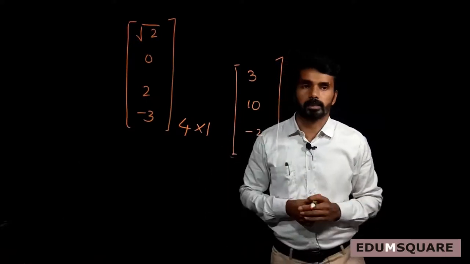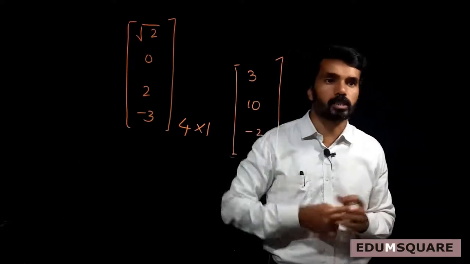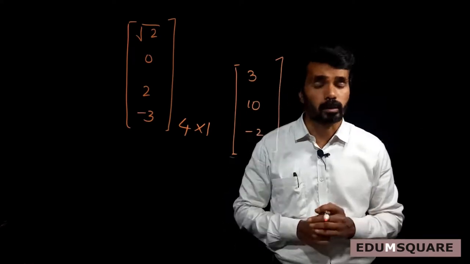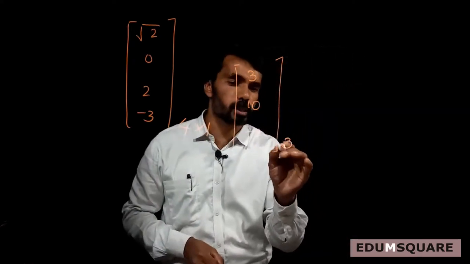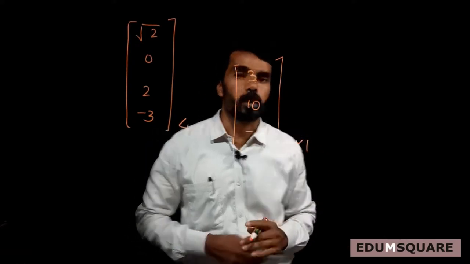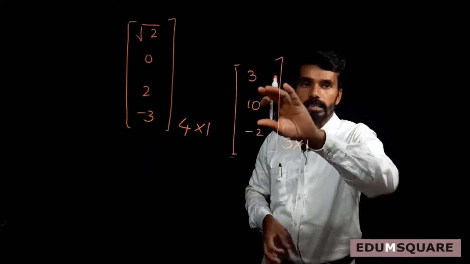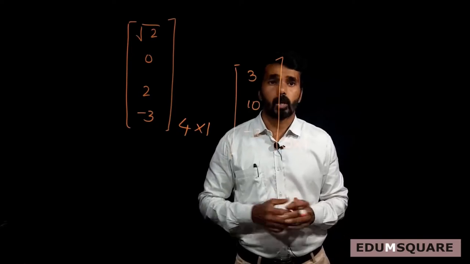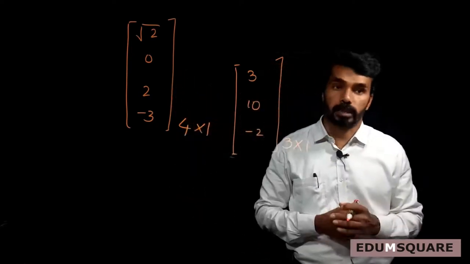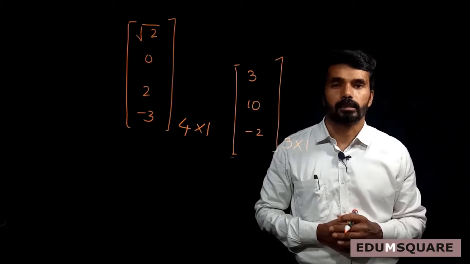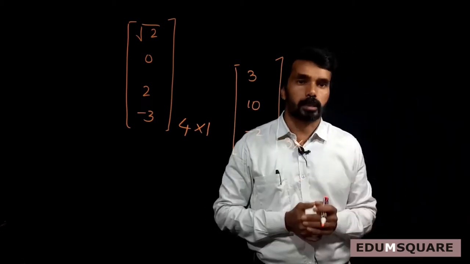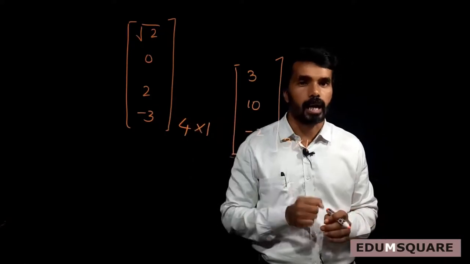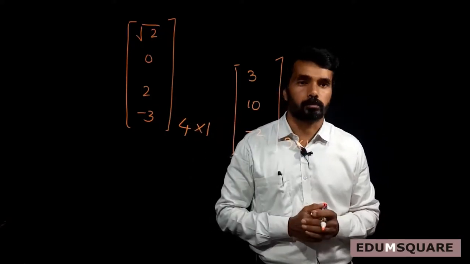What about this matrix? What is the order of this matrix? Yes, there are 3 rows and only 1 column. So the order of this matrix is 3 by 1, or this is a 3 by 1 ordered matrix. So this type of matrix is called a column matrix, since these matrices have only one column.